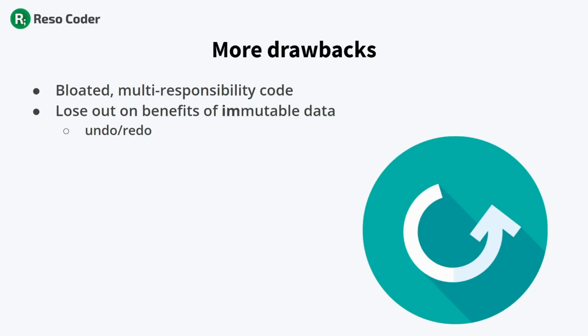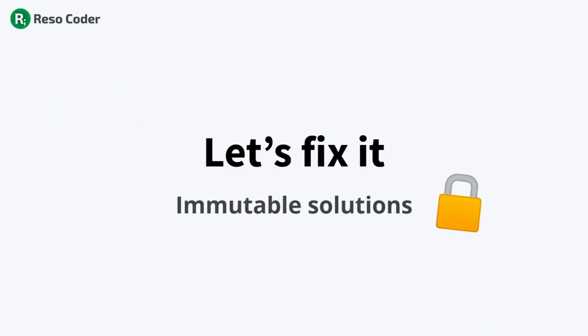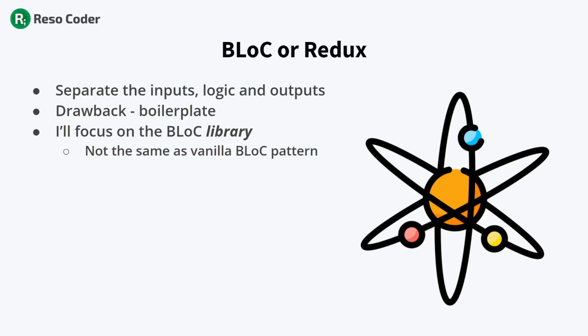These drawbacks are the reason why people like to use other state management solutions, even though they may have some drawbacks of their own. So let's fix these drawbacks with immutable state management solutions. The most prominent ones on Flutter are Bloc and Redux.